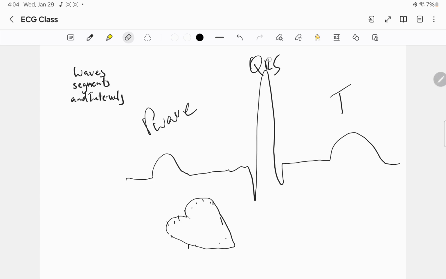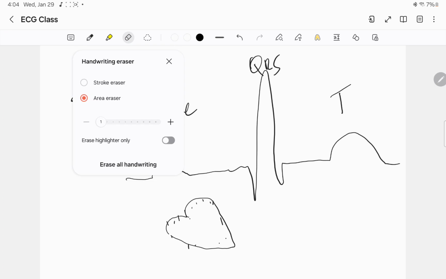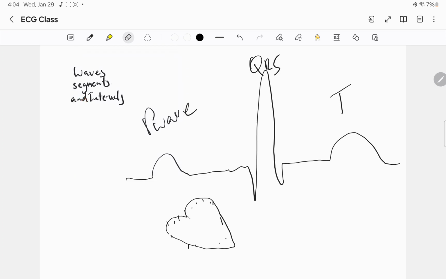And we're going to speak about QRS nomenclature very shortly, right? But let's focus on the basic parts of the ECG first. Okay, so let's make this diagram simple and erase a few things. So now let's talk about the segments. You have a PR segment and you have an ST segment.